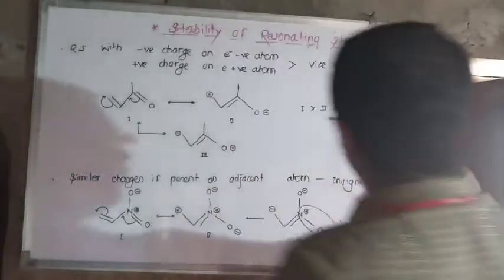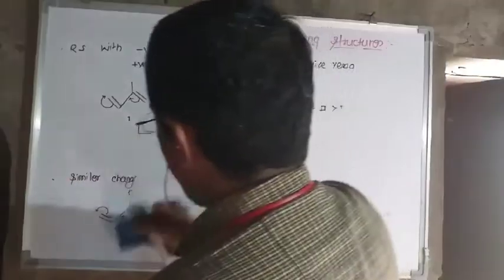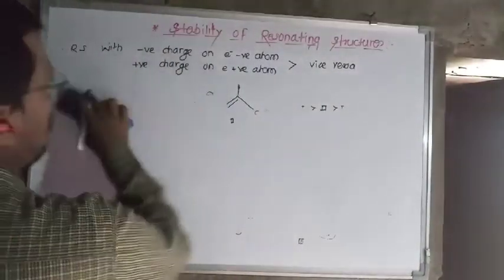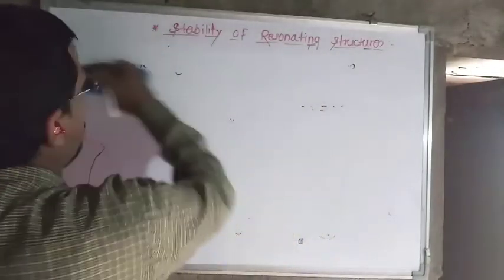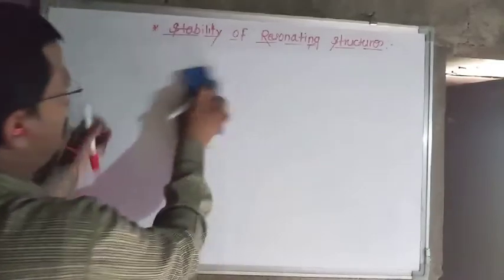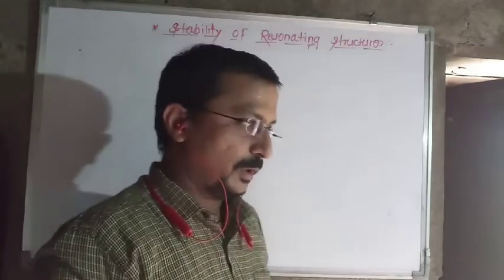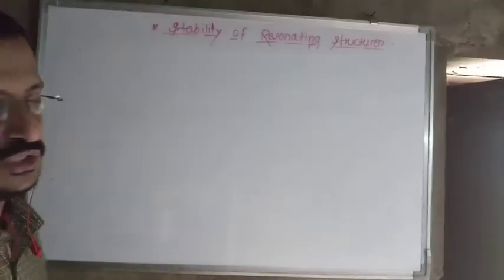Now if you consider the next point, in checking the stability of molecules, the next point we will consider is molecules or resonance structures with linear conjugation and cross conjugation.